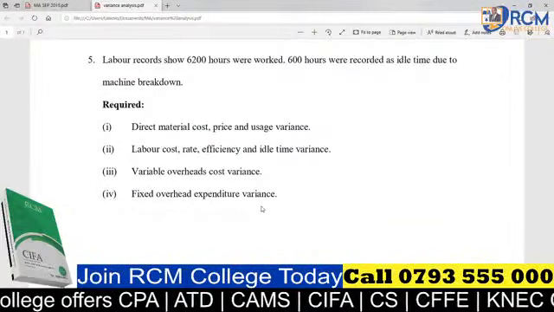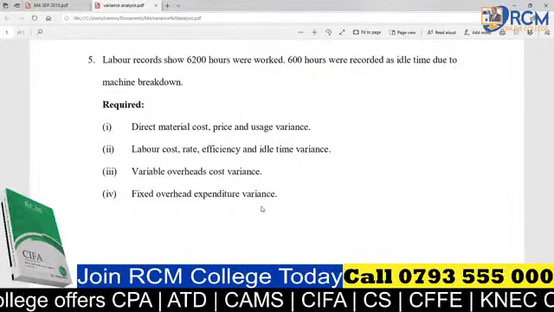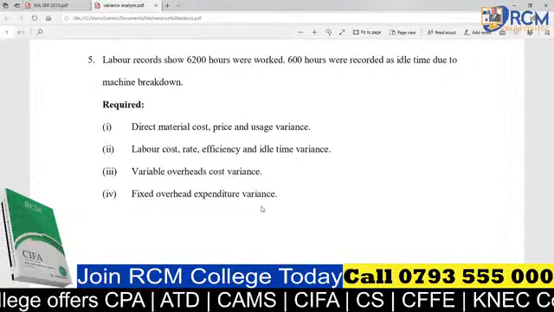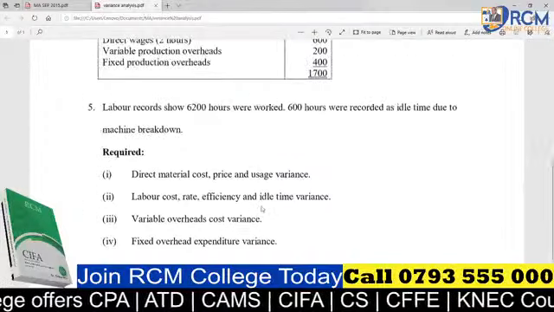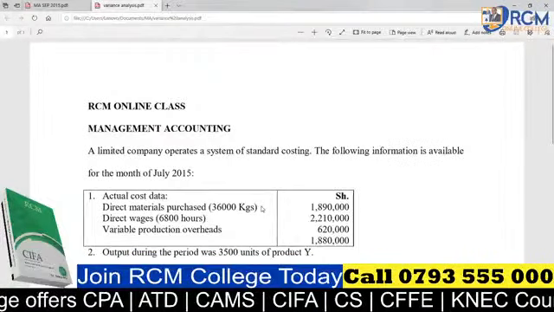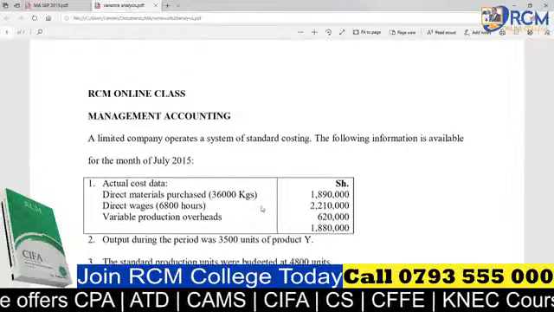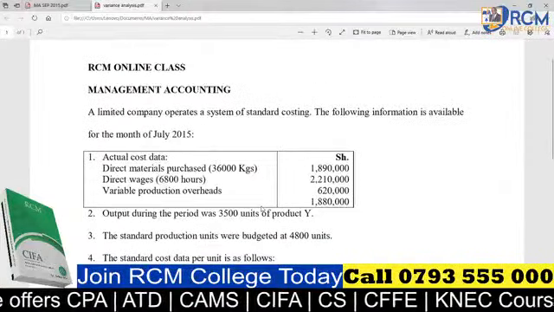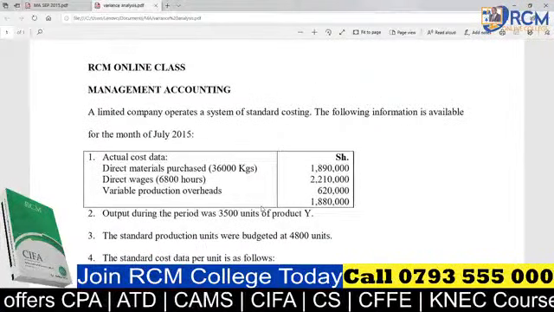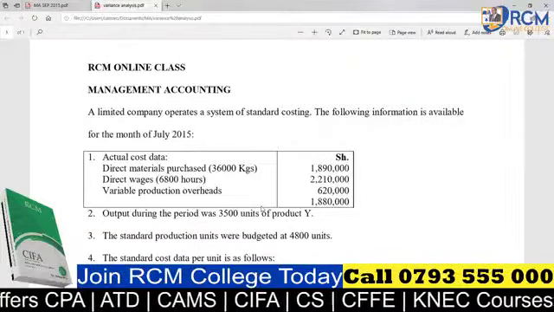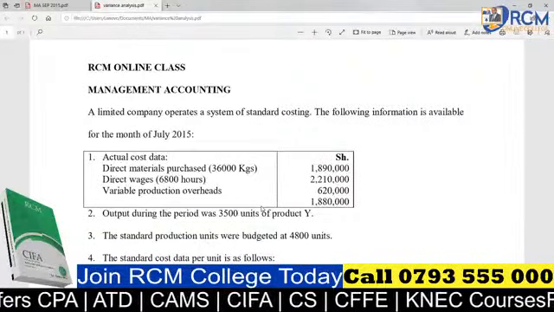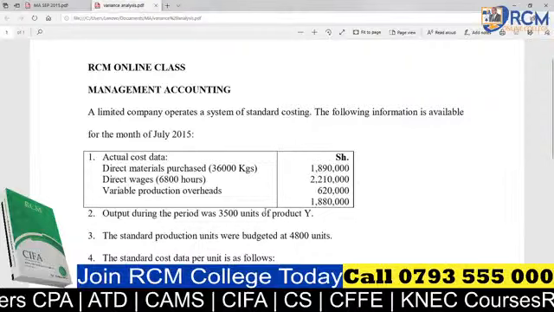We have the material price, and then the material usage variance. The first one that I'll compute between the three is the material price variance. I would want to see whether our students at RCM are able to compute this variance very fast.